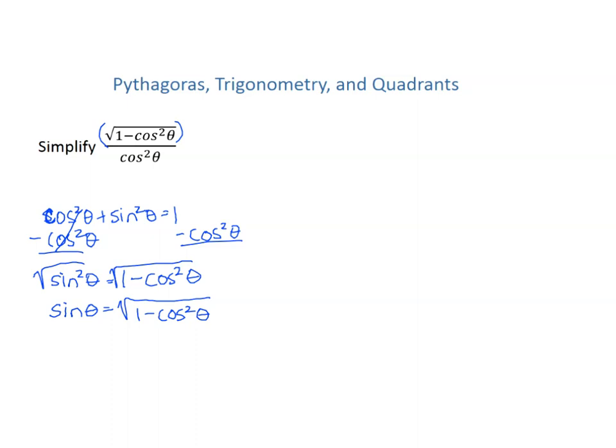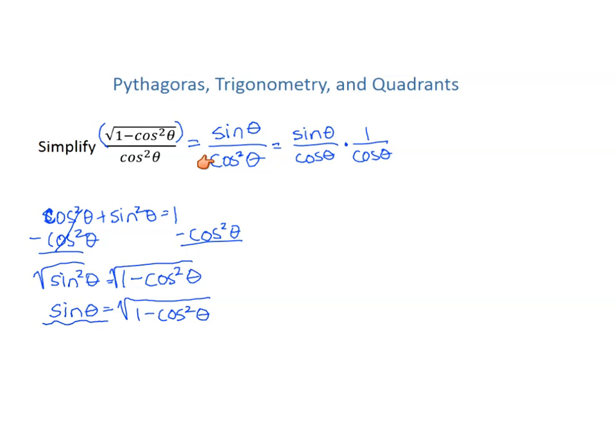So we can replace this part with sine theta. So I'll get sine theta over cosine squared theta. Now, I could leave it like that if that's an option. If that's not an option, I could rewrite this as sine theta over cosine theta times 1 over cosine theta, right?